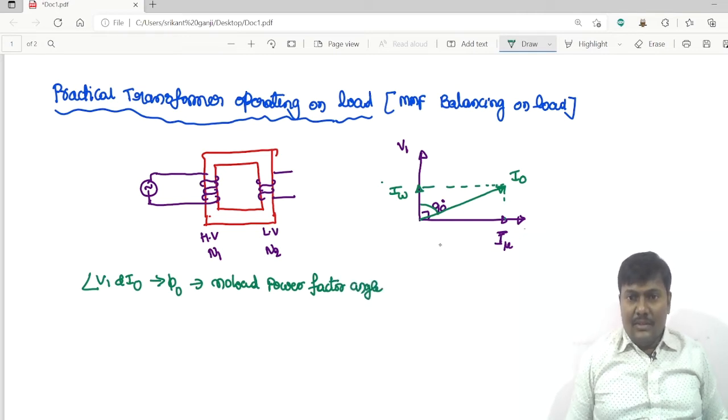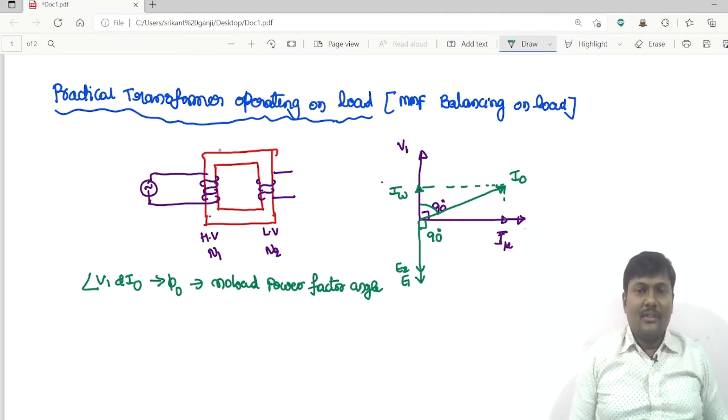So this is the flux, and the angle between the flux and induced EMFs is 90 degrees. This is from the previous lecture I have posted here.